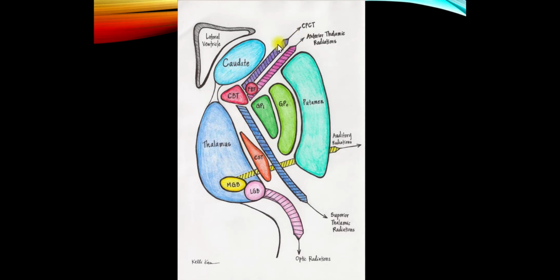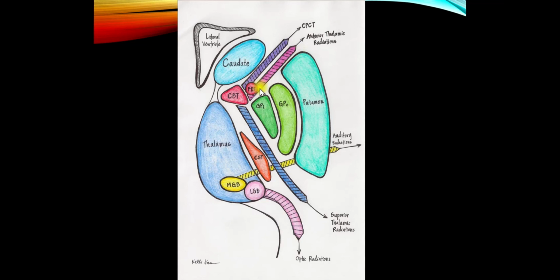In the anterior limb of the internal capsule, we have the corticopontocerebellar tract, that pathway that is going down to the pontine nuclei and then to the cerebellum. Okay, corticopontocerebellar tract is kind of scattered around. There is even some in the posterior limb, but let's forget that and just put it mainly here in the anterior limb of the internal capsule.